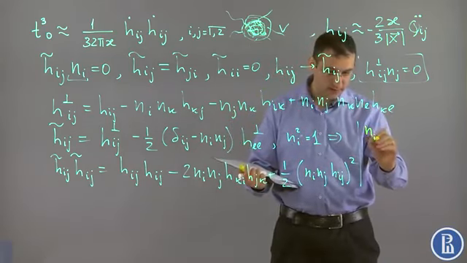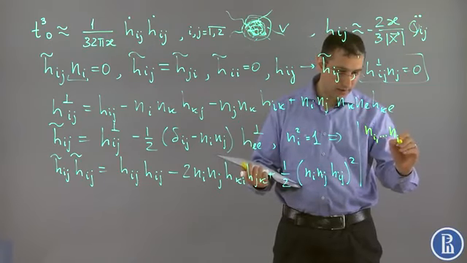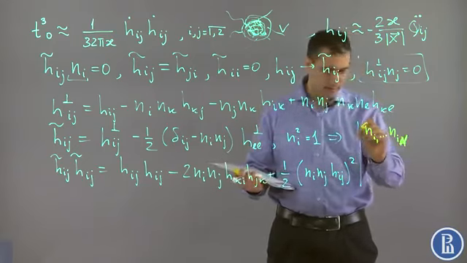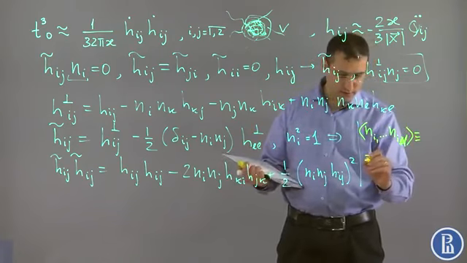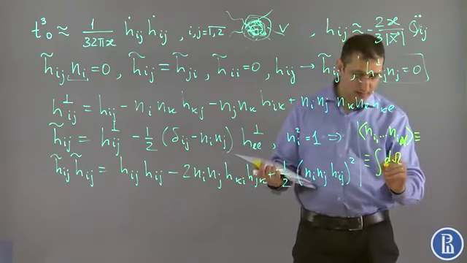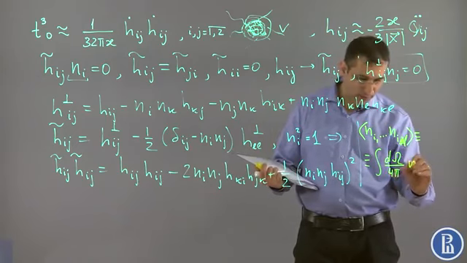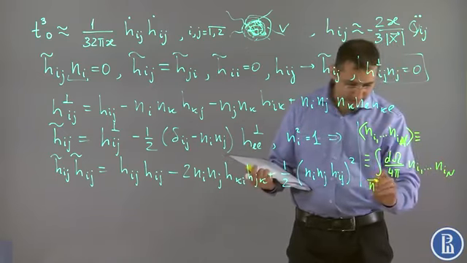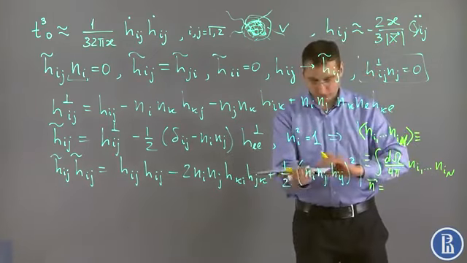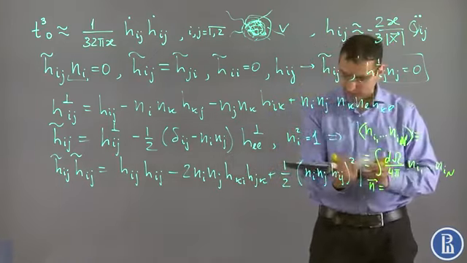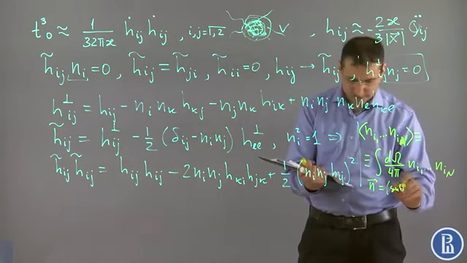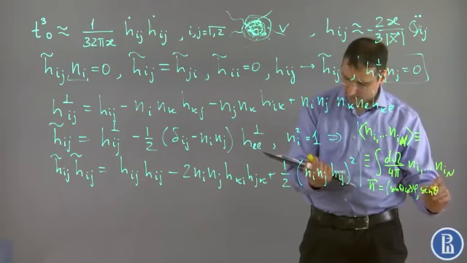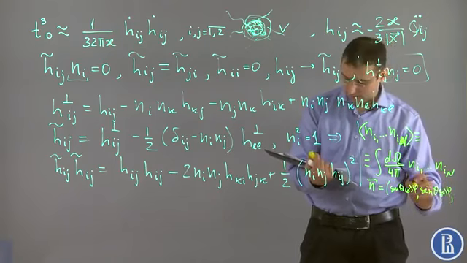If you have a bunch of vectors ni, nj, up to n, this average is by definition the integral over the solid angle over 4 pi of the product of the components of n, which I understand as sine theta cosine phi, sine theta sine phi, and cosine theta.